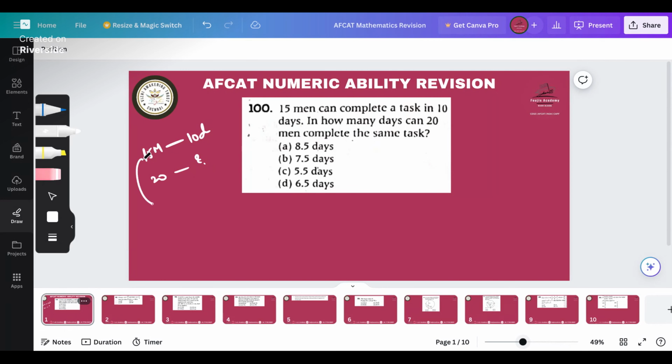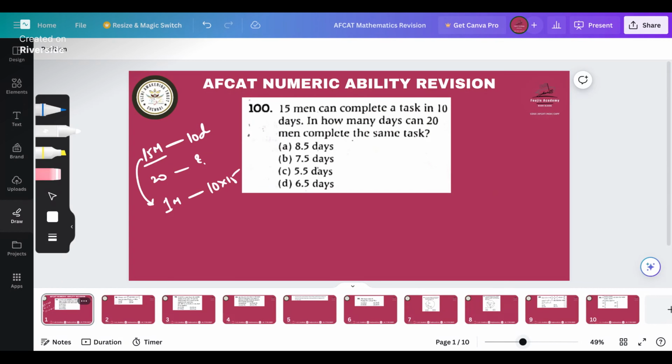First, let's try to understand it this way. If it had to be done by only one man, how many days would it have taken? 10 into 15, because earlier there were 15 men, and now the number of men has decreased, so automatically the number of days will increase, right?